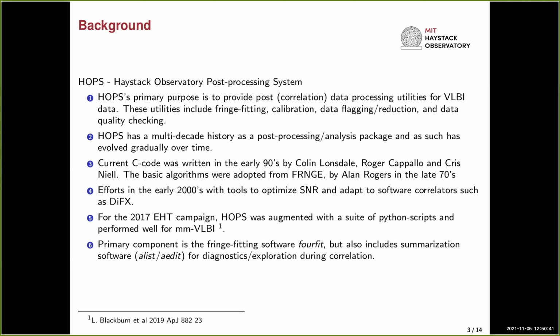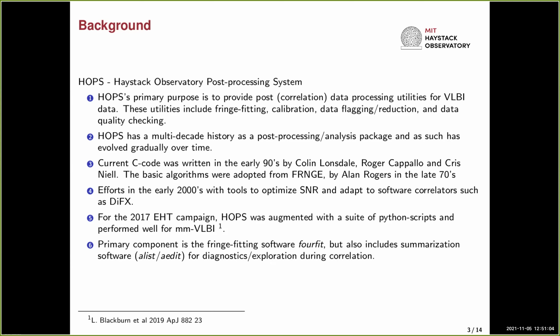In the early 2000s or mid 2000s, it was adapted to work with software correlators like DiFX. In the 2017 EHT campaign, it was augmented with a series of Python scripts to steer it and help it work well for millimeter VLBI. If you're interested in that, you can check out Lindy's paper.